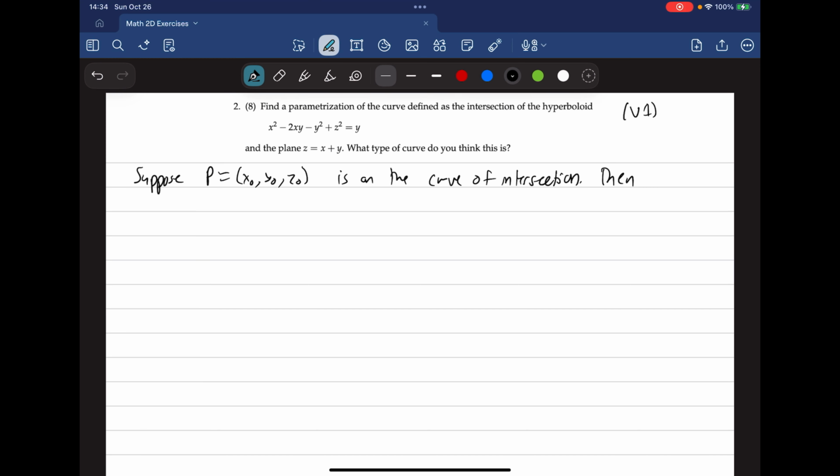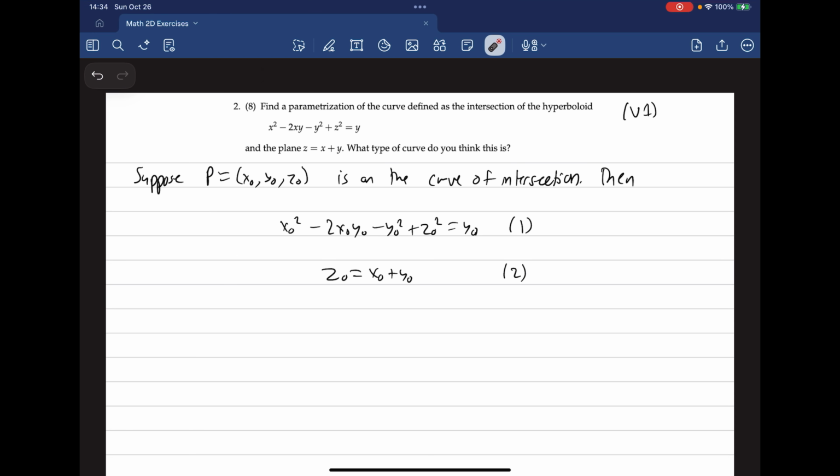Plugging in the coordinates, we get x naught squared minus 2x naught y naught minus y naught squared plus z naught squared equals y naught. I'm going to call this equation 1. And we also get the equation saying that z naught is x naught plus y naught. Call that equation 2.